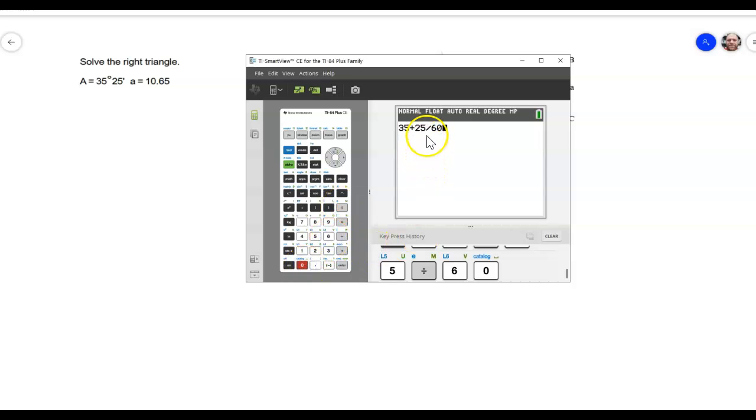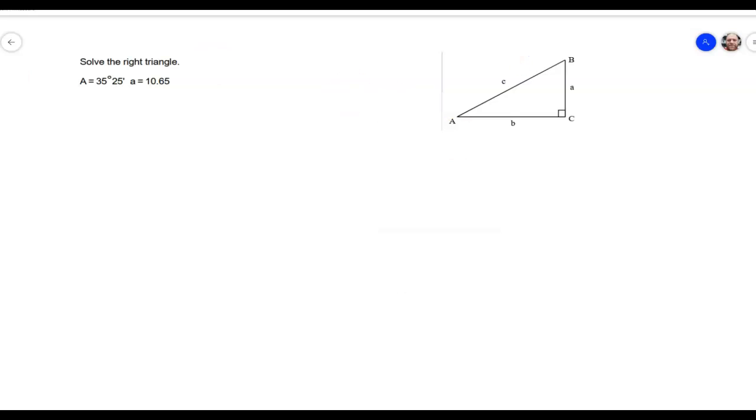Going out 4 decimal places, that's 35.4167.